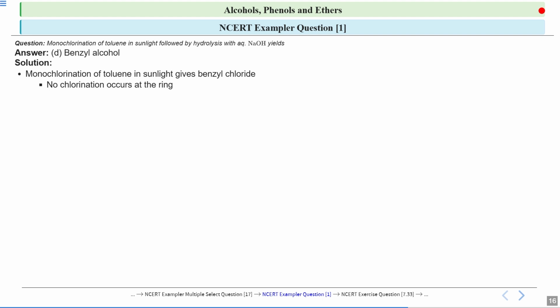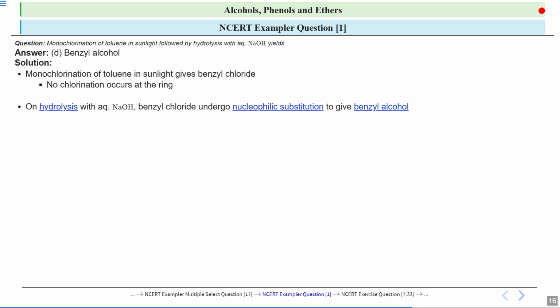Okay, and there is no chlorination that occurs at the ring. So you need to remember that the chlorination is not occurring at the ring. So this is the first step. In the next step, there is hydrolysis with aqueous NaOH. When the hydrolysis happens, your benzyl chloride will give benzyl alcohol. That means it will undergo a nucleophilic substitution reaction to give benzyl alcohol.